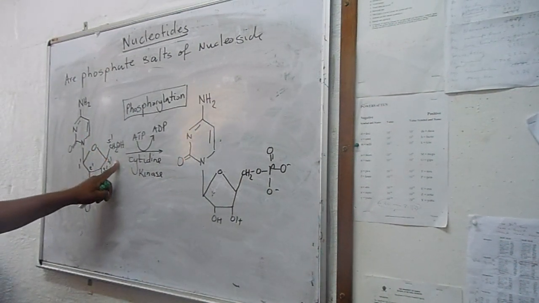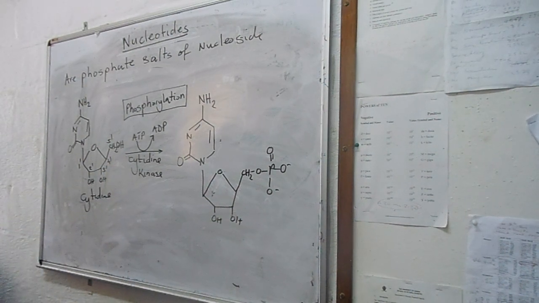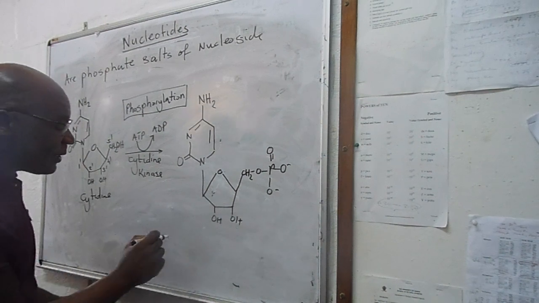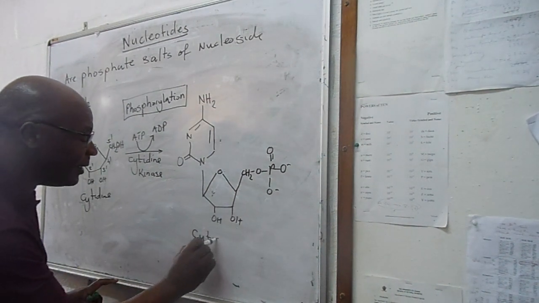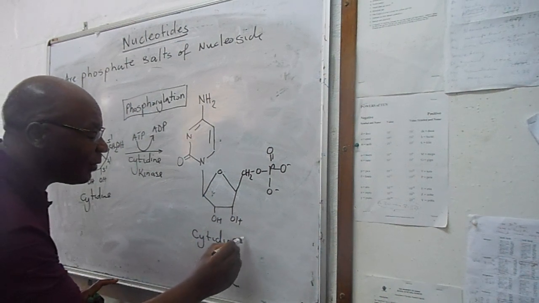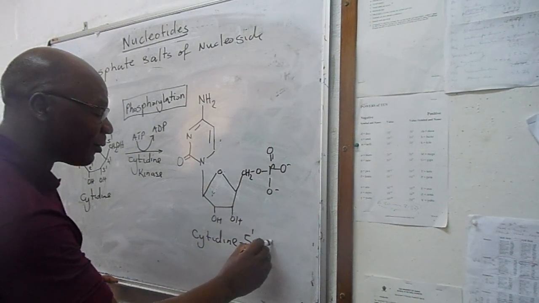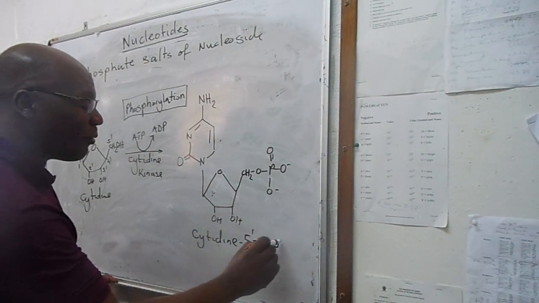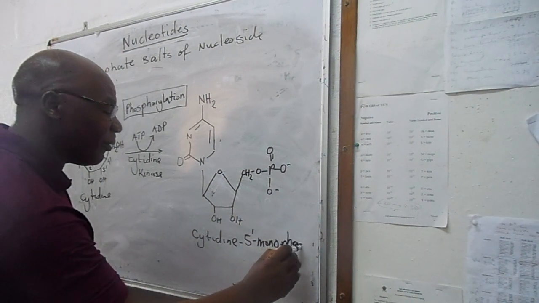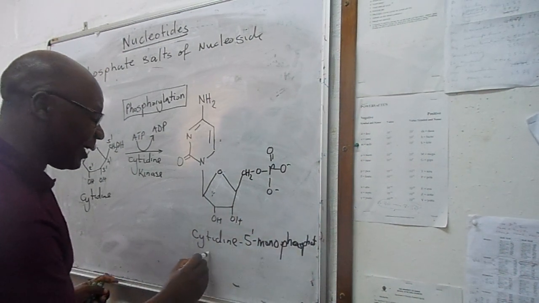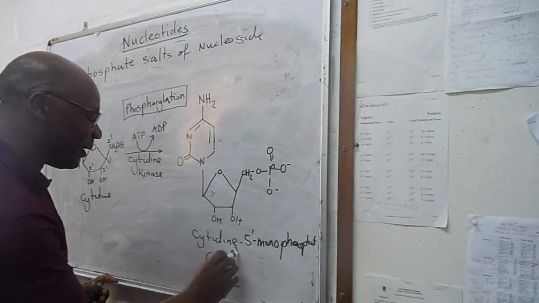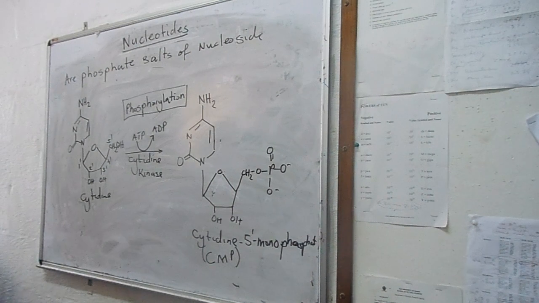So at 5 prime, that's where we have phosphorylated the cytidine. So we would call this cytidine 5 prime monophosphate. How many phosphates have we added? One. So cytidine 5 prime monophosphate, which you can say CMP, cytidine monophosphate. So this is a nucleotide.